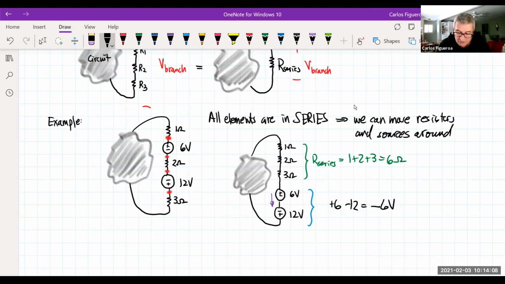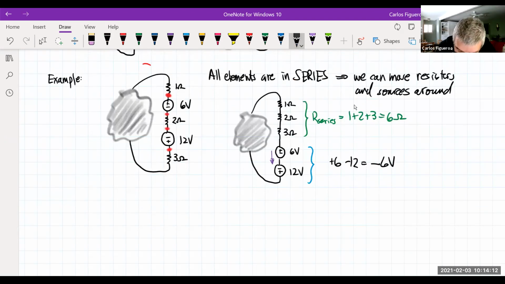So what does the circuit really look like? In my mind then, I could keep it this ugly way over here, or I can reduce this thing to a series equivalent. So how do I reduce it? I know that this is a 6 ohm resistor. And then I have a source here.